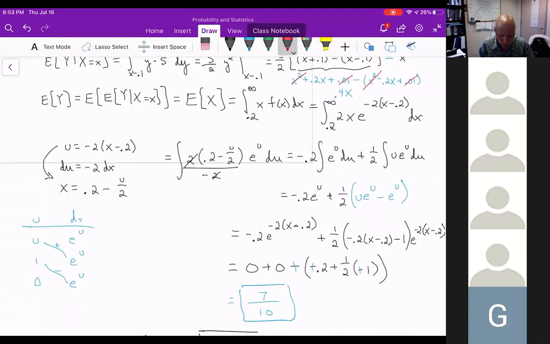Because that is what you will get as you let x go to infinity. Because the exponential function with a negative power. Well, yeah, limit as x goes to infinity, then you're going to have e to the negative infinity.